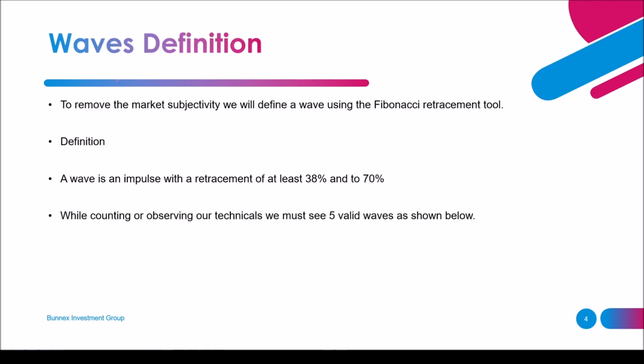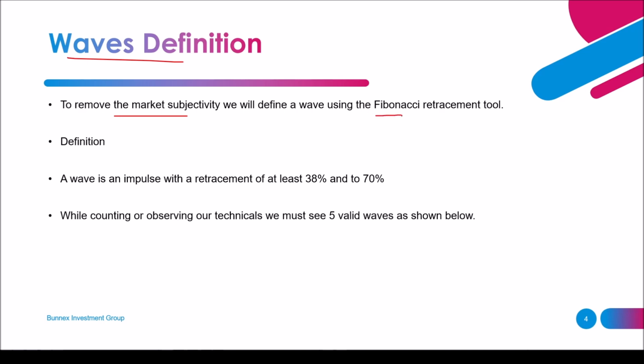So basically, let's start by defining the waves. What are these? How do we use them? To remove market subjectivity, by subjectivity we mean the effect whereby one trader sees this type of thing or sees that type of thing, we need to define a wave using the Fibonacci retracement tool.